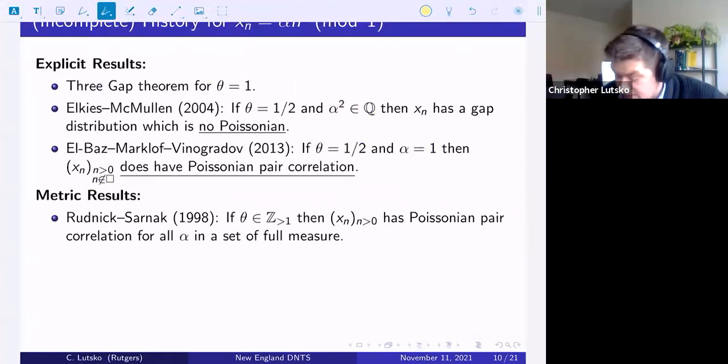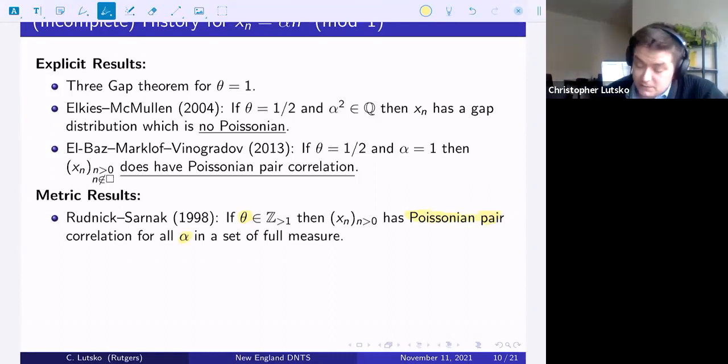Now, in 1998, Rudnick and Sarnak decided, well, maybe if we let alpha vary, then we can establish some metric results. They were able to show that if theta is an integer, which isn't 1, then you do get Poissonian pair correlation for all alpha in a set of full measure.